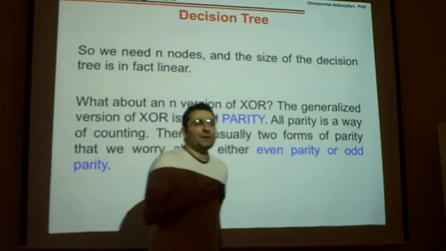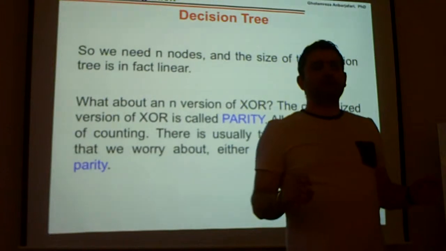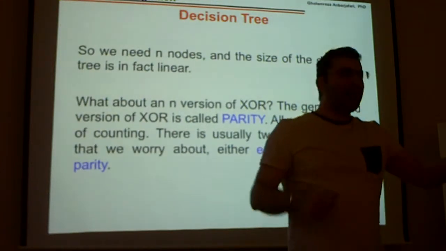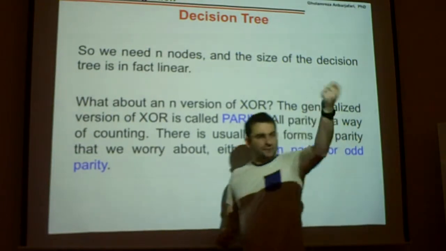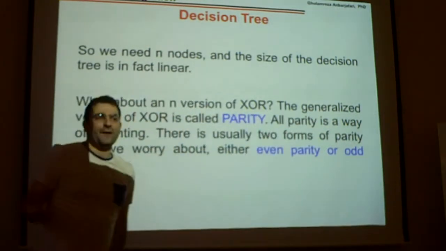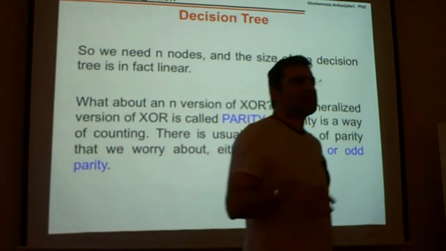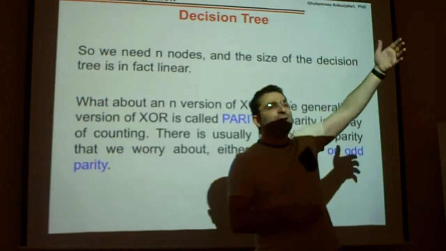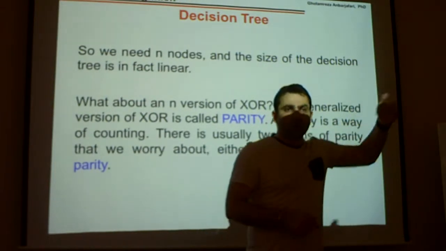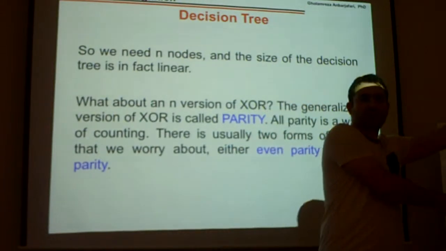But when we are talking about parity, we have two types of parities, right? Do you remember them? Odd parity and even parity. And usually we say that if it is odd, we call it true. If it is even, we call it false, right? What we mean by odd and even parity is that if the number of trues is an odd number, we call it odd parity, which is true.